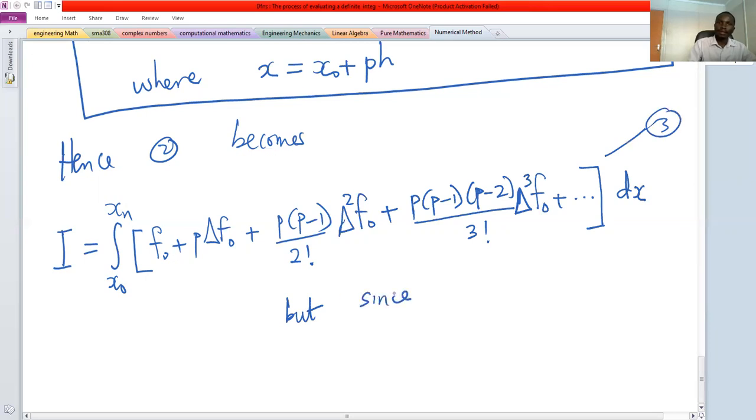Since x is given by x naught plus ph, this implies that dx equals h dp, remember x naught is a constant.